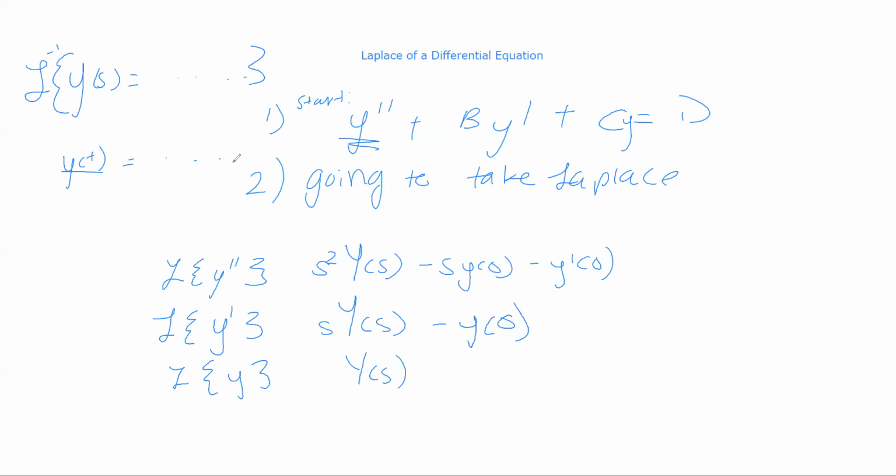So then I don't have to deal with the kind of undetermined coefficient stuff that I've had to deal with before. So yep, step 3 is going to be solve for Y of s, and then step 4 that we're looking at is taking the inverse Laplace.